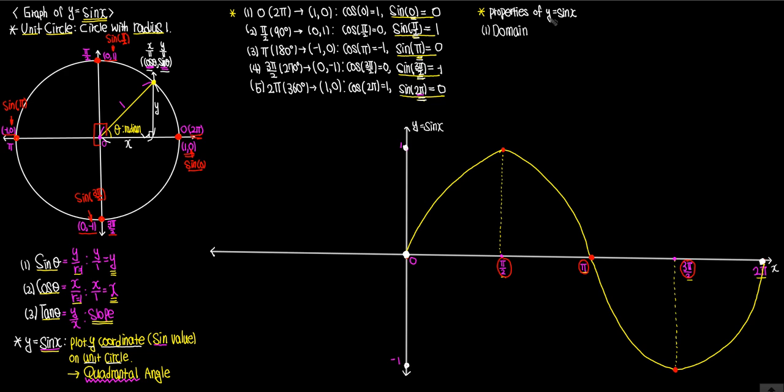So let's think about the properties for this graph y is equal to sine x. When we're thinking about the graph, the first thing to talk about is the domain of the function. The domain stands for every single possible x value on the function. And when we're thinking of the sine graph, the x values are the angle rotations.